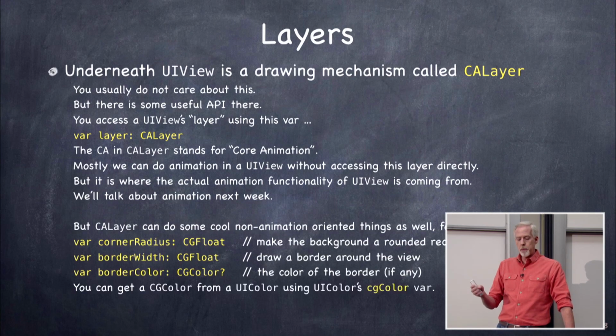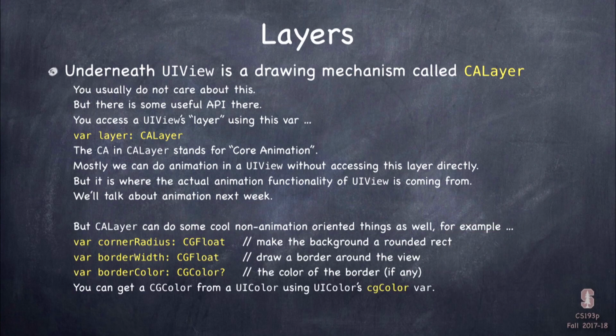But you already know from assignment 2 that there's a few really nice vars in the CALayer, like cornerRadius, if you want to put a rounded rect on your view, or the borderWidth and borderColor. By the way, you notice that the border color there was a CGColor, not a UIColor. Okay, CGColor means it's a Core Graphics color. Why is that? Well, that's because this whole layer mechanism, Core Animation, is below the UIKit layer and built on top of the Core Graphics layer.